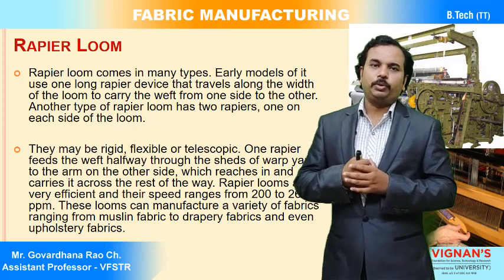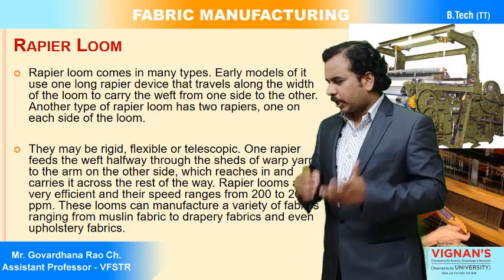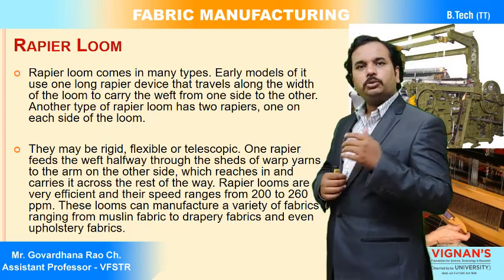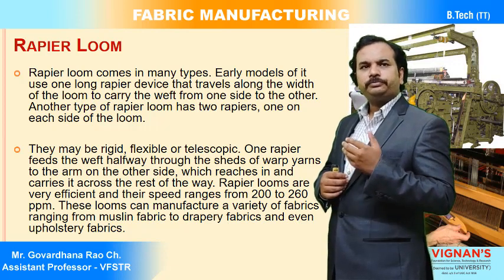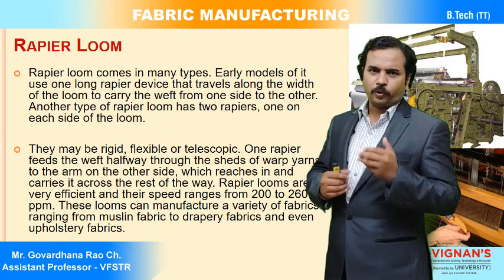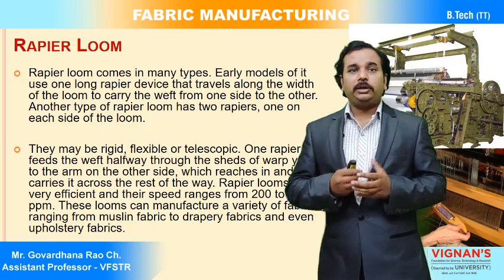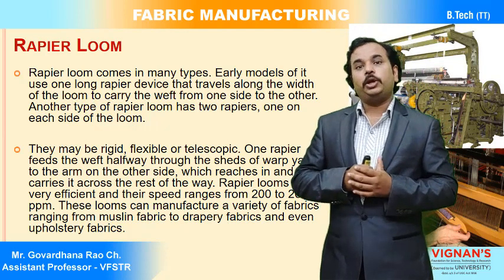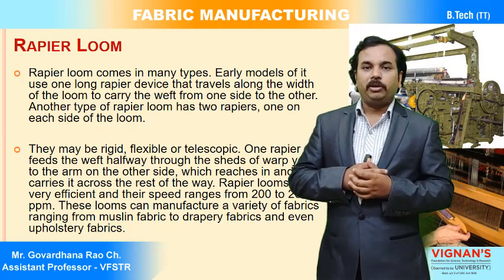This is how we insert the weft yarn, and generally these rapier looms run at speeds of like 200 to 400; nowadays 400 also is possible. Different varieties of fabrics can be made using these rapier weaving machines.